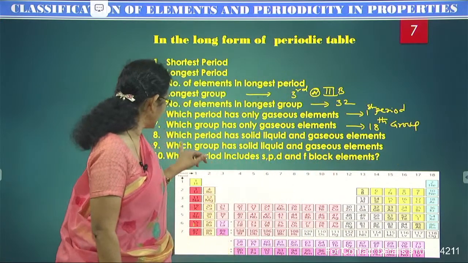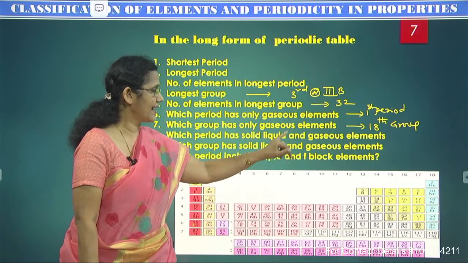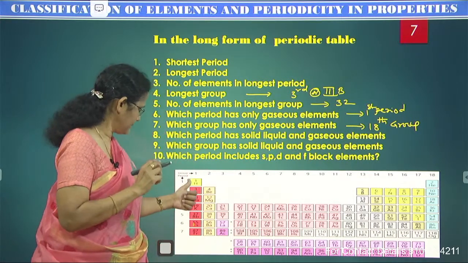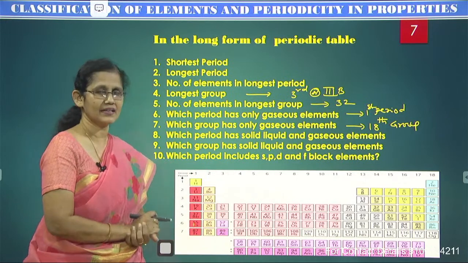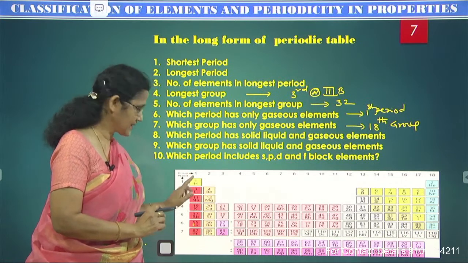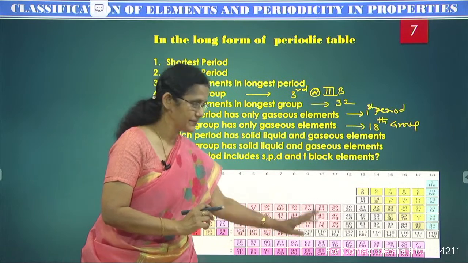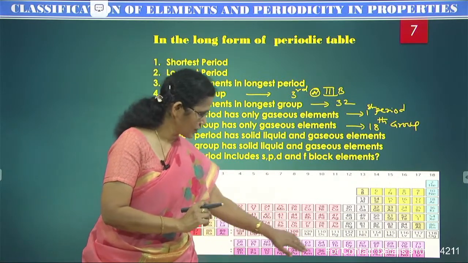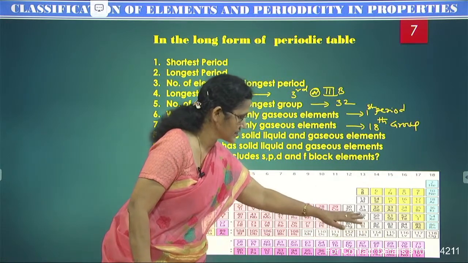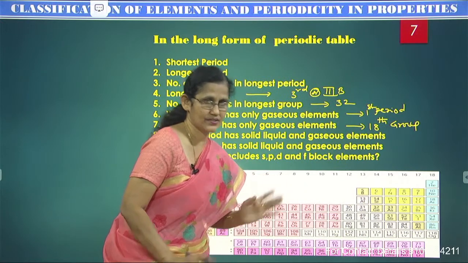Now see here, 8th question, which period has solid, liquid and gaseous elements? Except first period, every period has solids, metals in the leftmost, right. So these are all metals except hydrogen, all S block elements are metals and all D block elements are metals, all F block elements are metals. In P block, last elements metals, topmost non-metals, right.